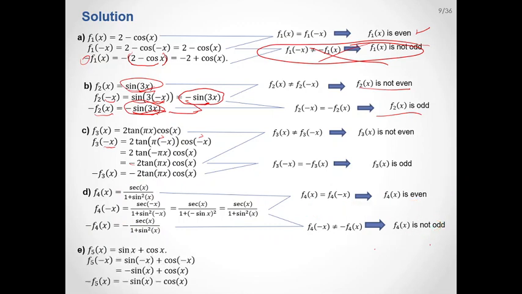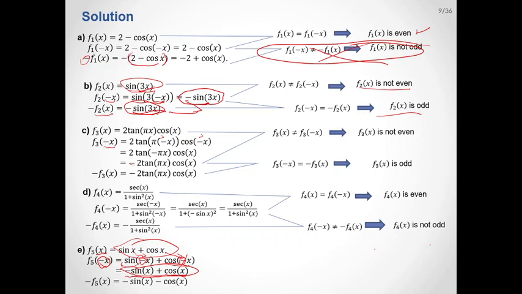Now let's look at the last one, cosine x plus sine x. You exchange x with negative x and do the same thing here. Cosine of minus x, cosine is even, so you can remove this minus, and then sine is odd, so you can take it out, and it will be minus sine x plus cosine x, and you check them. They're not the same, so this is not even.